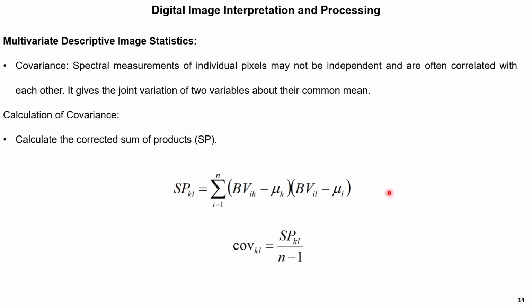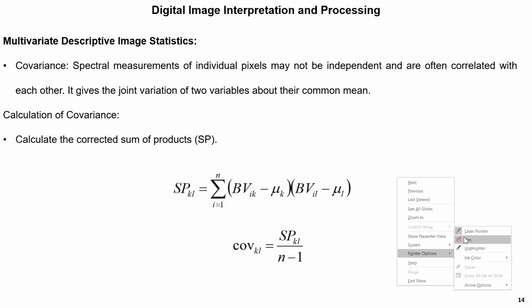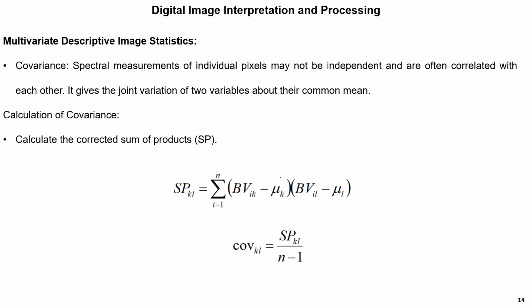Okay, single DN value, right? No, it's not covariance, it's the variance. Because if you see here, this will be for band 1. So this will be BV of 1 1, then this will be 1, and this will be again 1 1, and this also will be 1. So we can write it as BV of 1 1 minus mu of 1, the whole square, right?